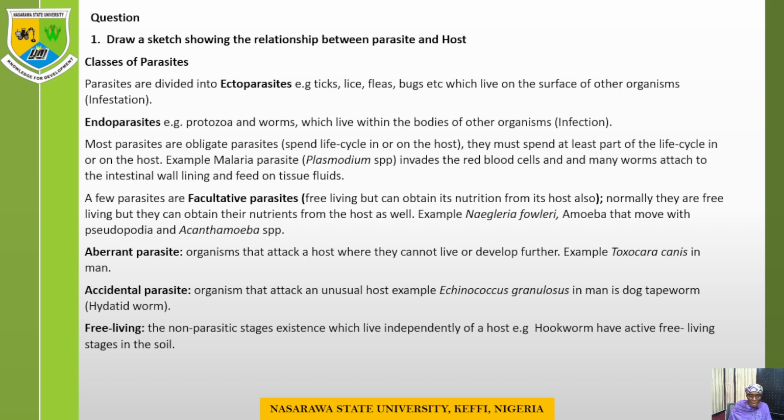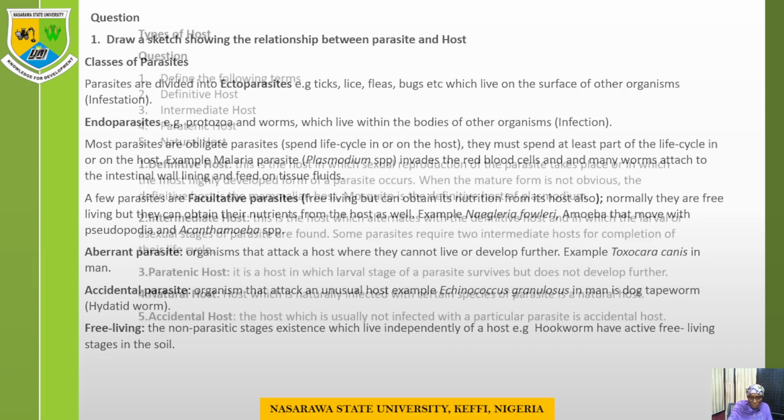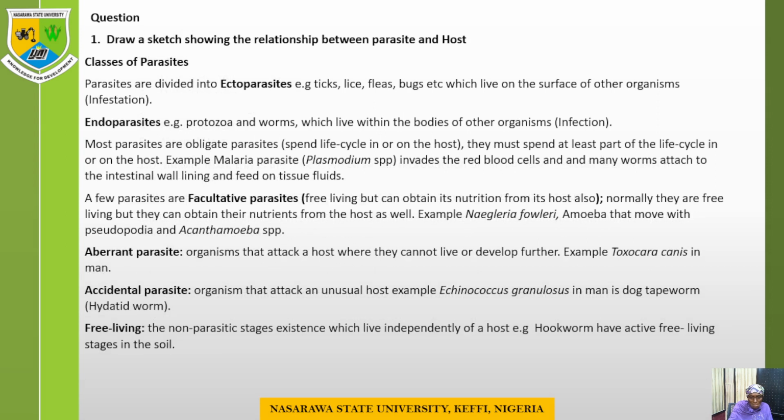Then we have a few parasites that are facultative, which are free living but can obtain their nutrition from their host.